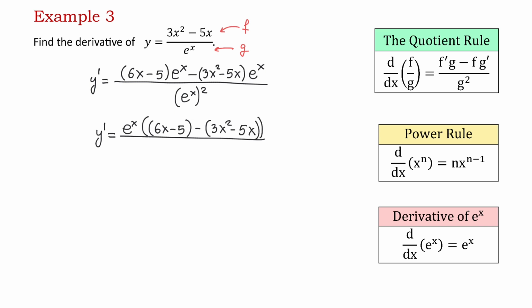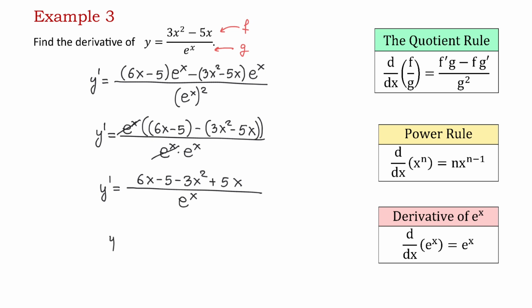And now I will write the denominator as e to the x times another e to the x, and now I will cancel e to the x and e to the x. Then in the numerator I will remove the parentheses, and I will have 6x minus 5 minus 3x squared plus 5x over e to the x.